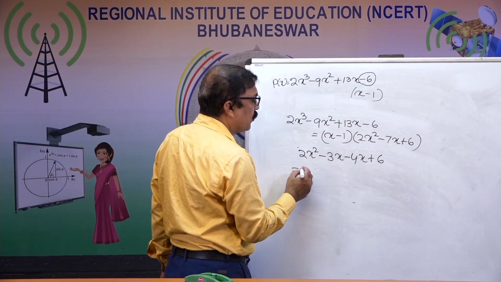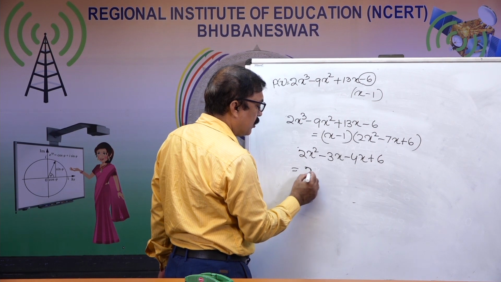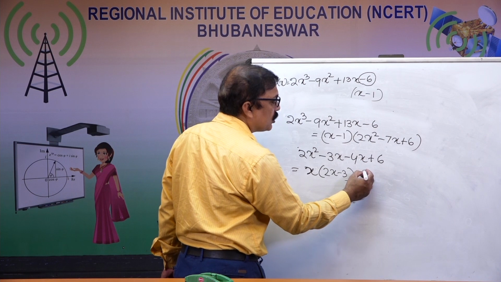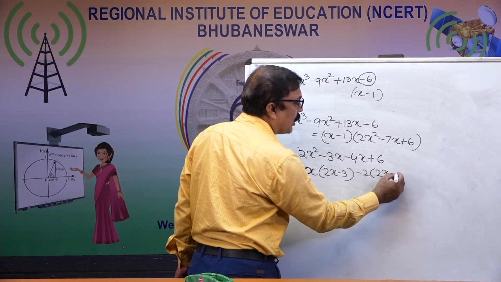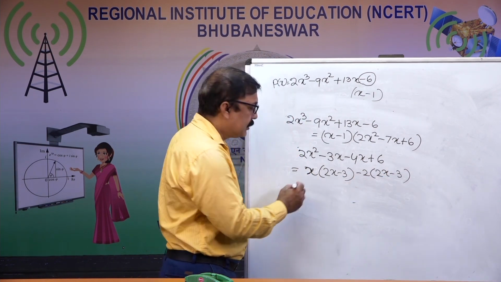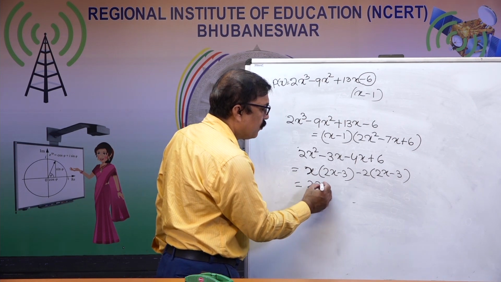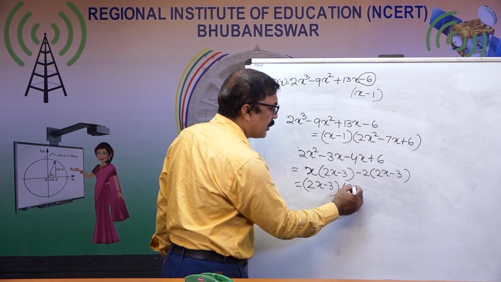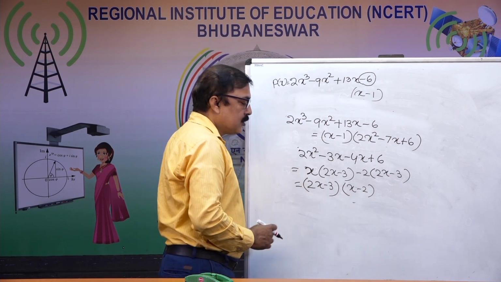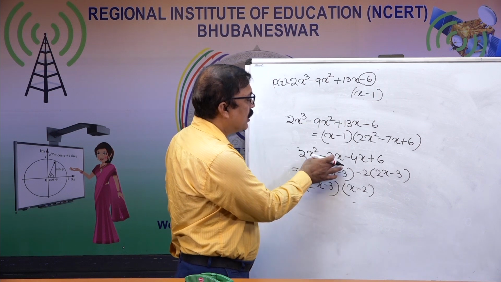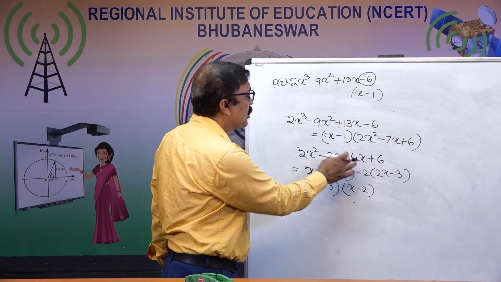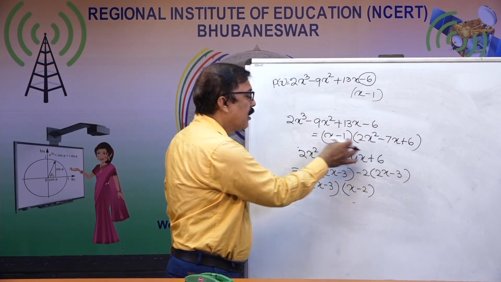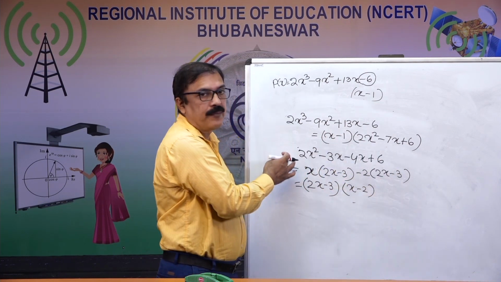From this we get x common to get 2x minus 3, and minus 2 common to get 2x minus 3. From this we have 2x minus 3 taking common, now we get x minus 2. So here 2x square minus 3x minus 4x plus 6, this is the splitting up of the middle term process.